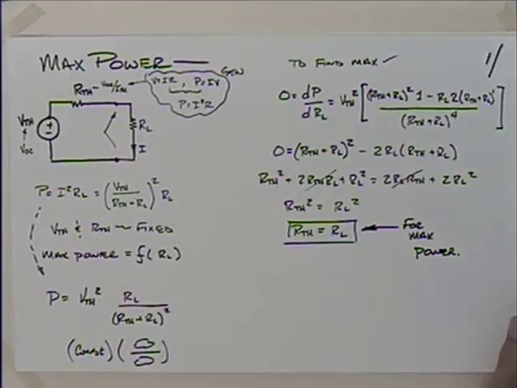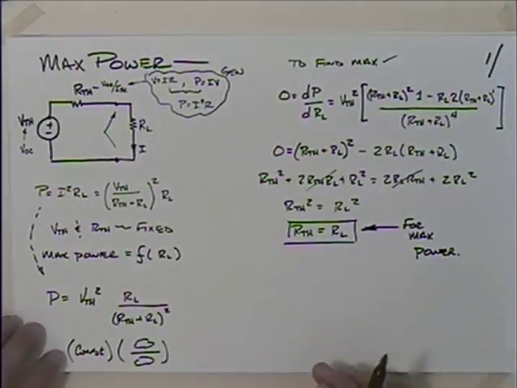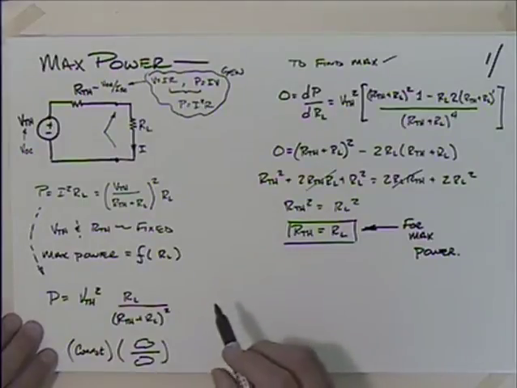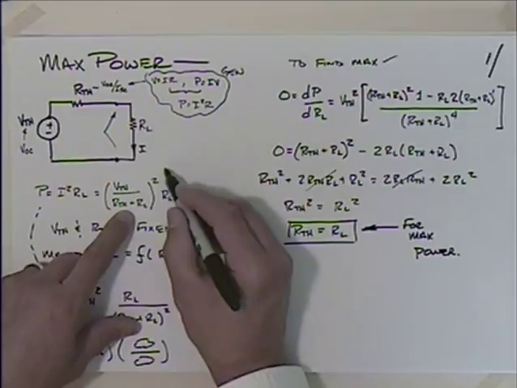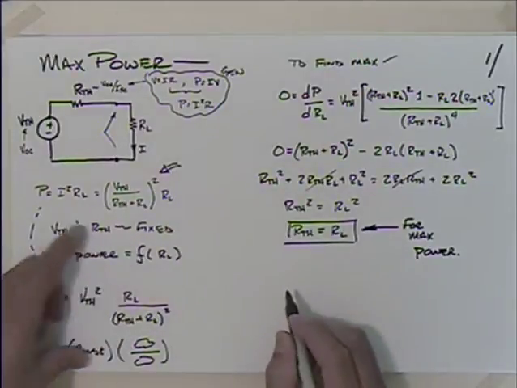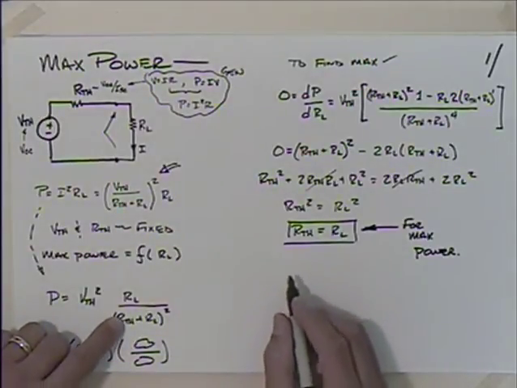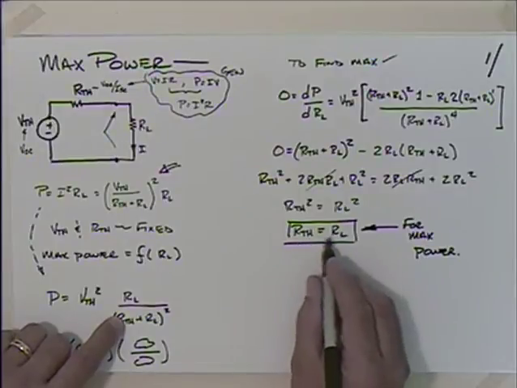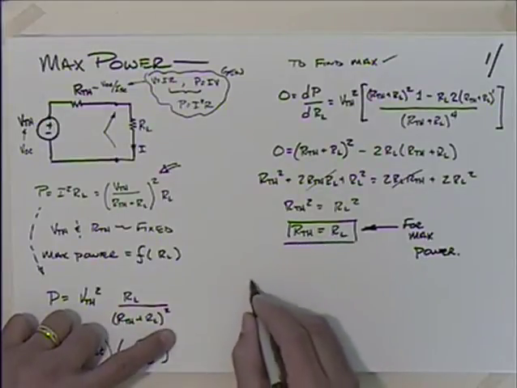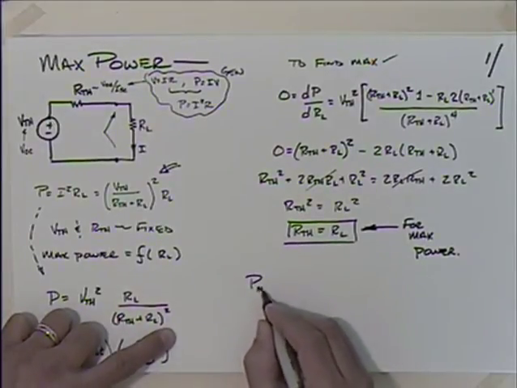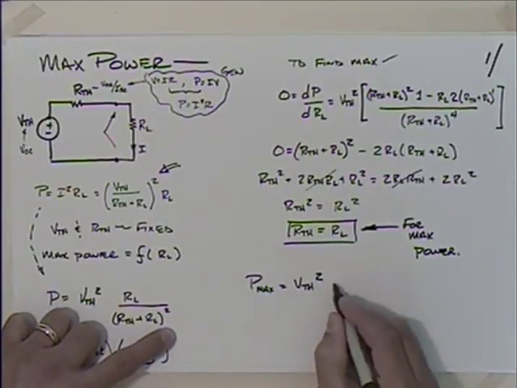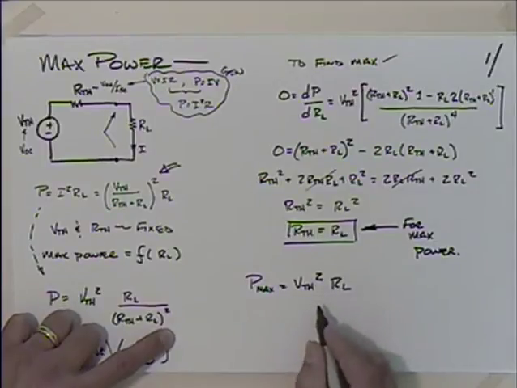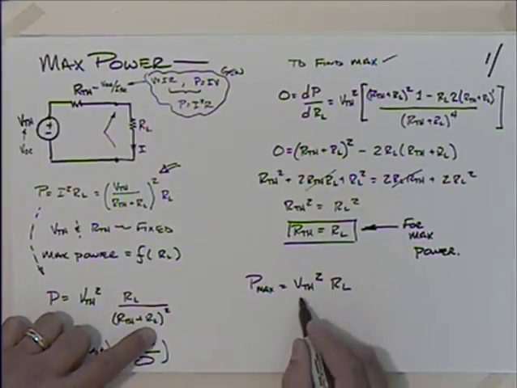Okay, so with that, you could actually go back and look at this expression here. If you came back and substituted into that, or for that matter, this one, and recognizing then that R Thevenin is equal to RL, you could say then that power maximum is equal to V Thevenin squared times RL divided by, what are we going to get?